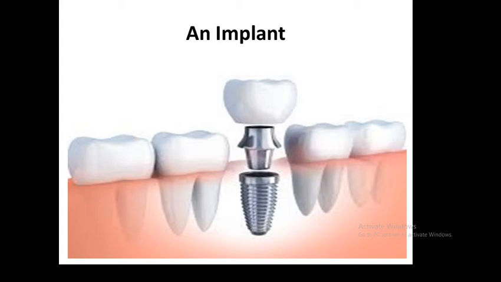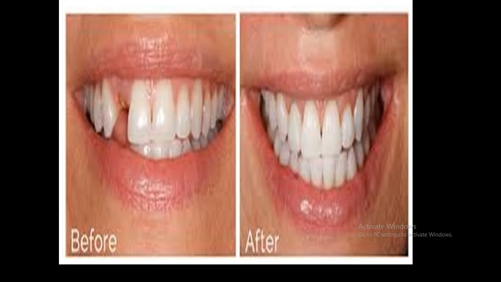Can you see it's placed in the jaw bone, and it needs a well established jawbone. Can you see this patient here? There is an extracted tooth, okay. So the doctor recommended that he make an implant.